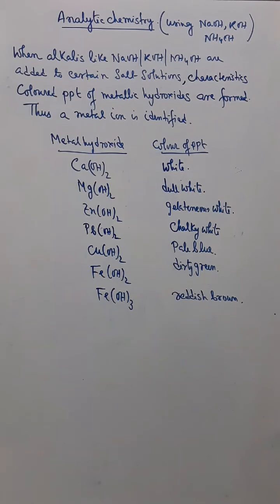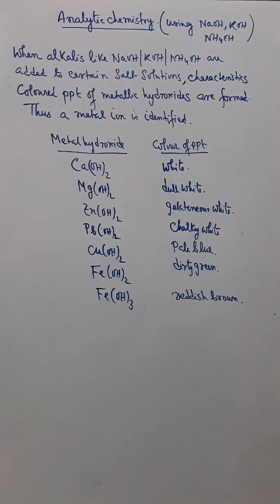Okay, students, today we are starting analytic chemistry, using sodium hydroxide, potassium hydroxide, or ammonium hydroxide. That is, these are alkalis. Analytic chemistry actually means to analyze the composition of a chemical compound.